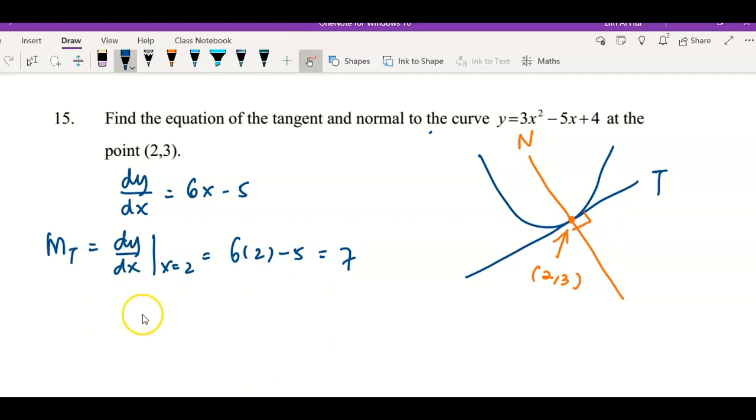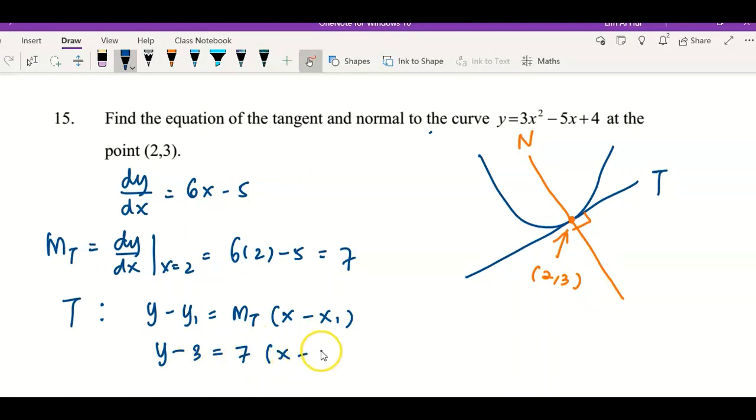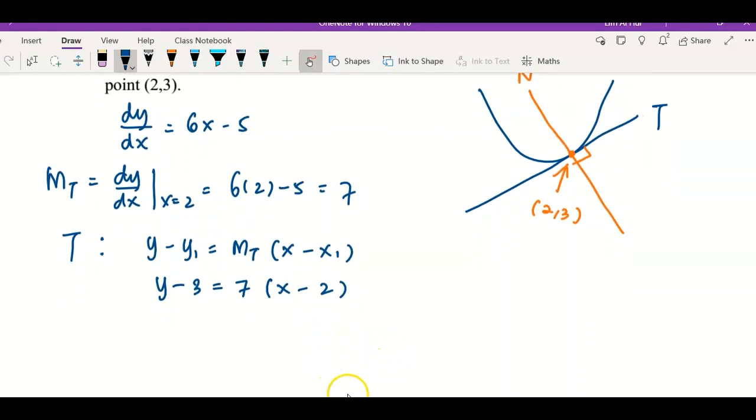Then I substitute this information into the straight line equation: y1 is 3, m_t is 7, x minus x1, where x1 is 2. Then I simplify. I got 7x minus 14 plus 3, that will be 7x minus 11. This is the equation of the tangent.